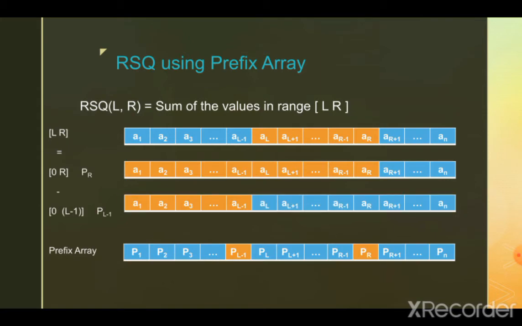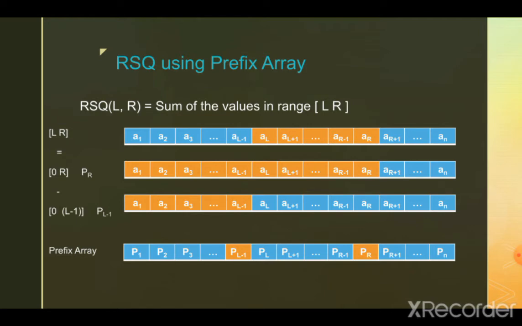Now the range which is highlighted in the first figure is what we want to determine, and that range can be expressed as subtraction of two ranges. In the second row, the highlighted region shows the range from A1 to AR.